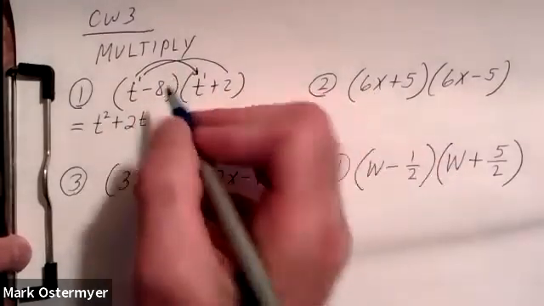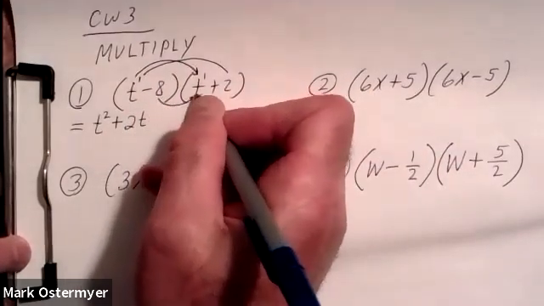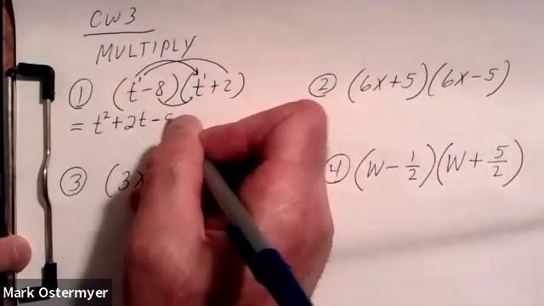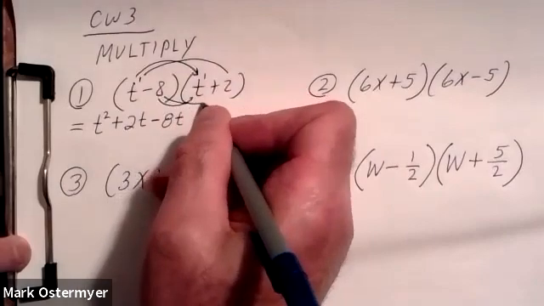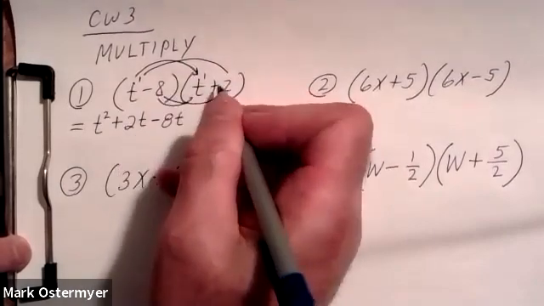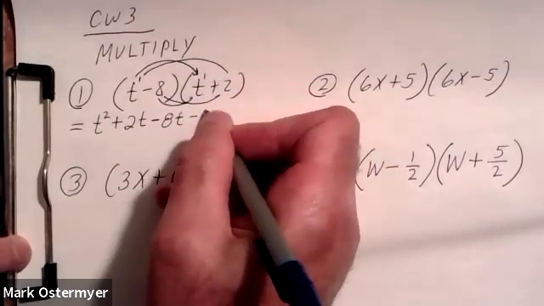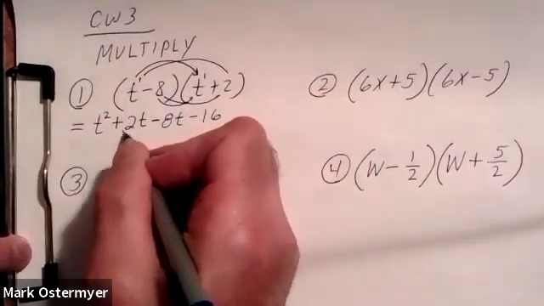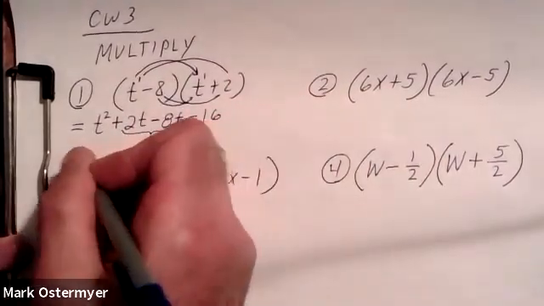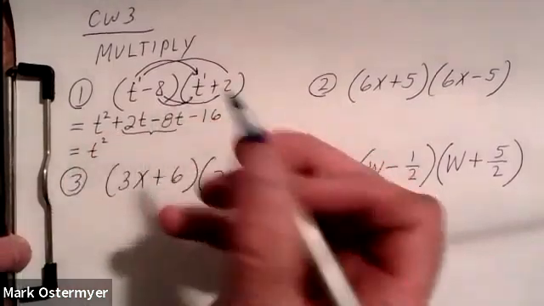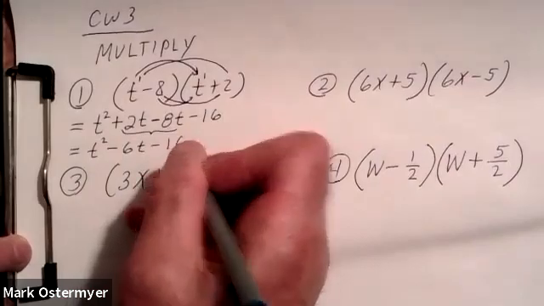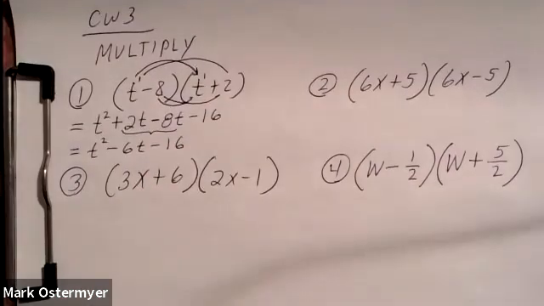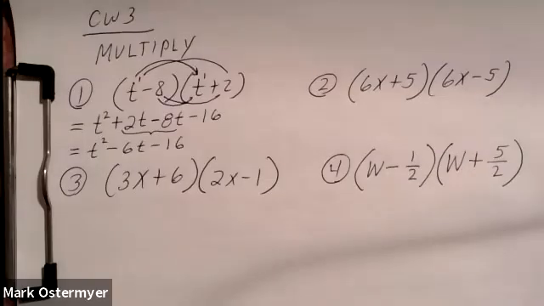Multiply the inner terms together, -8 multiplied by t is minus 8t. Multiply the last terms together, -8 multiplied by 2 is minus 16. Combine your two middle like terms. Did you get for an answer t squared minus 6t minus 16? Did we all get that for a product? Yes. Okay. Anybody that did not get that?